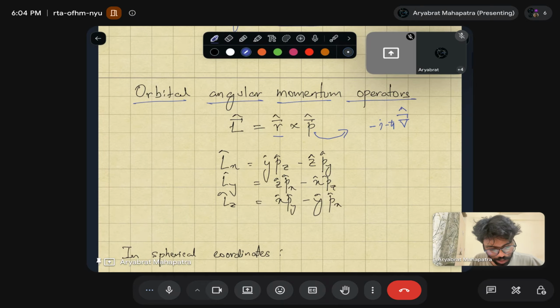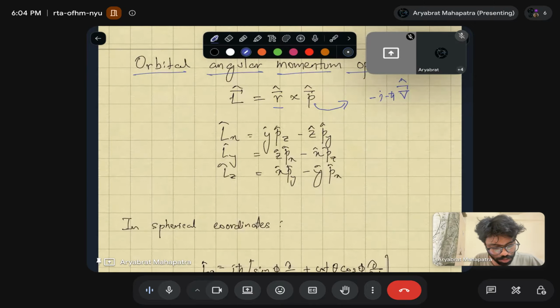So in quantum mechanics you treat them as operators, and accordingly you will have here something like minus i h bar, then the y operator will be just y, and then you have the differential operator with respect to z for the momentum, and then z del y.